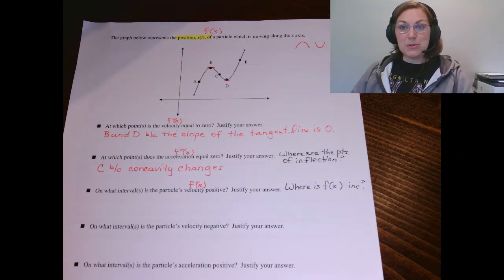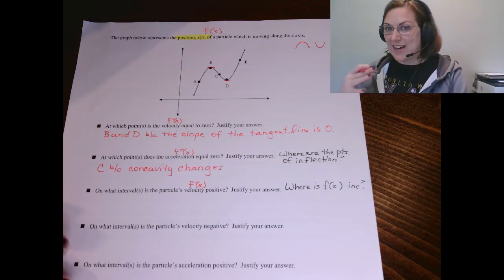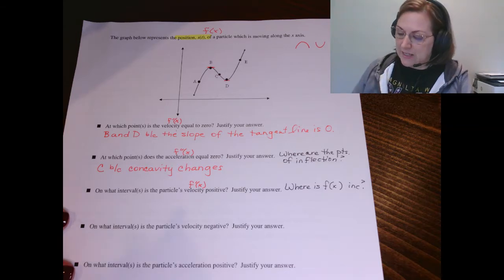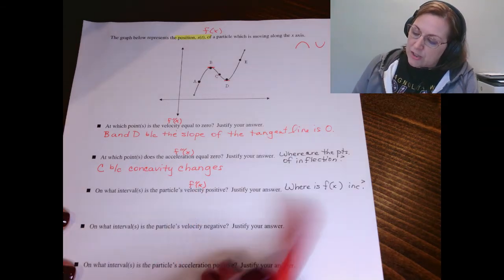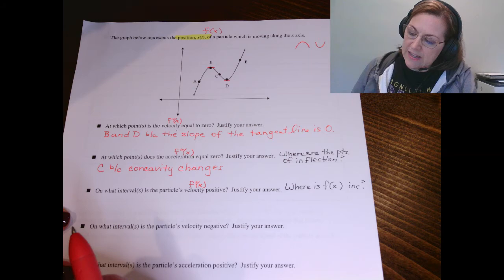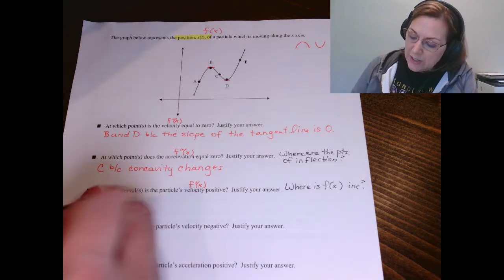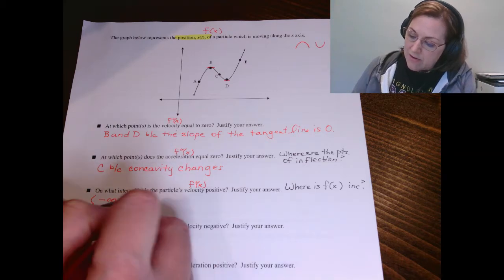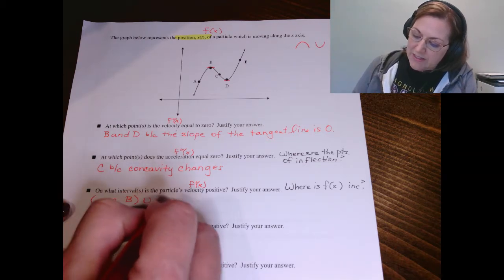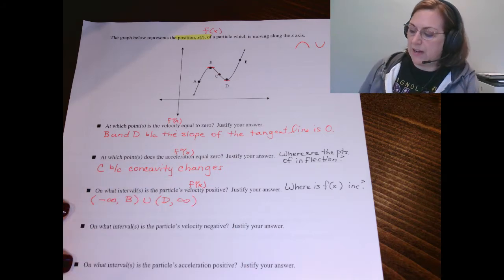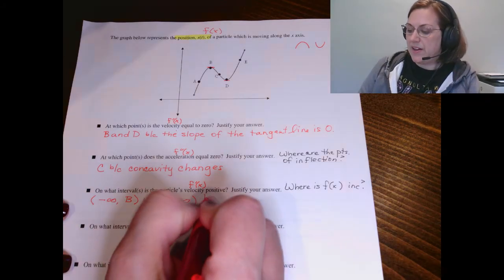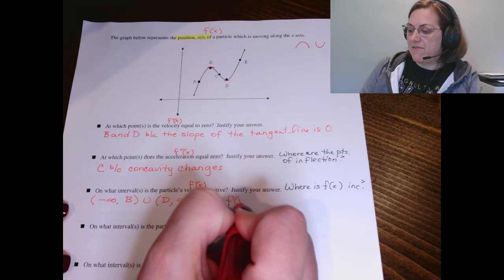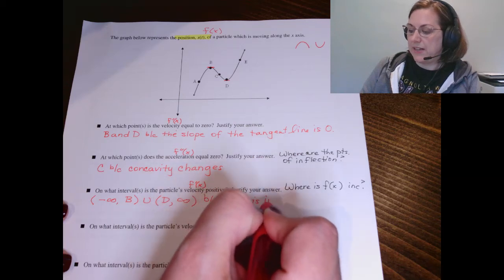Remember, particle motion is just like curve sketching. We're just asking it with velocity and acceleration. So where is the function increasing? Well, it's increasing on the interval from negative infinity to b, and then again from d to positive infinity, because f of x is increasing.